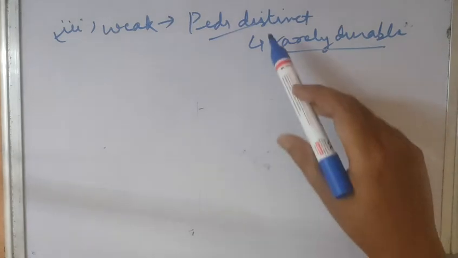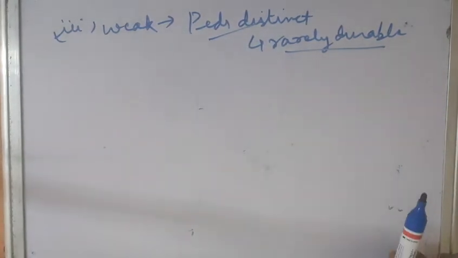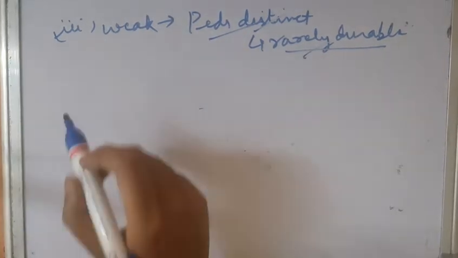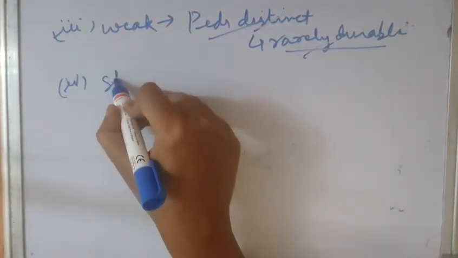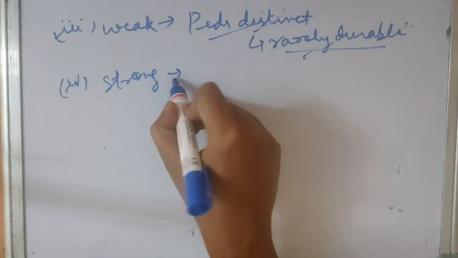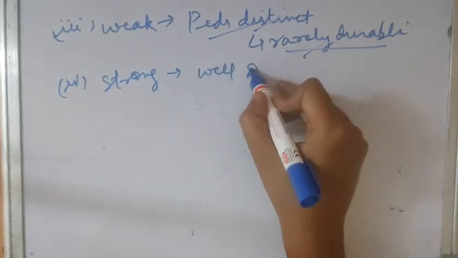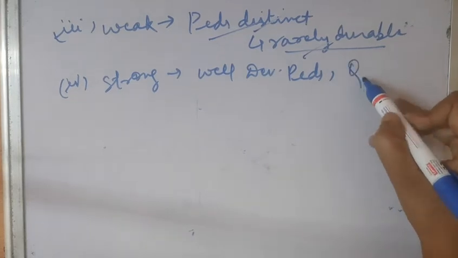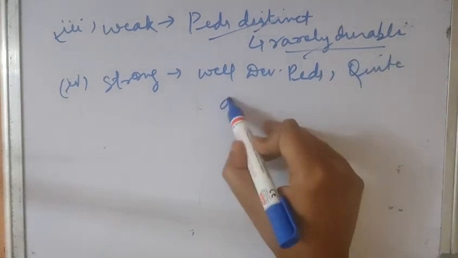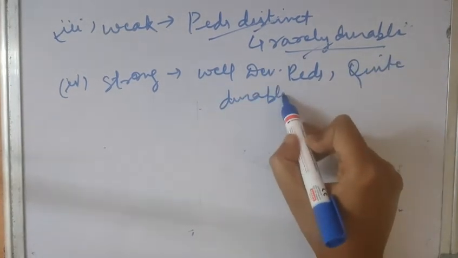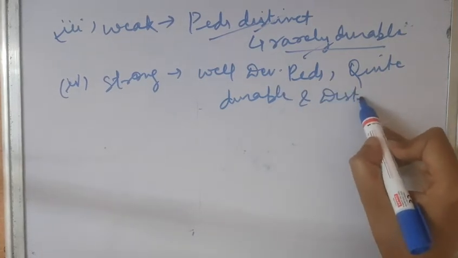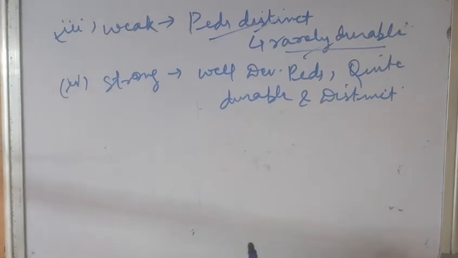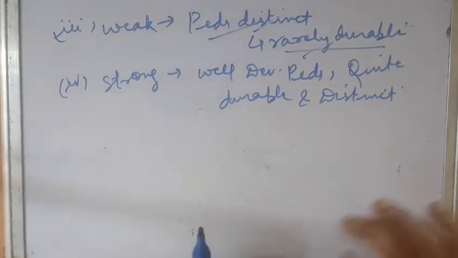In moderate, the beds were distinct and durable both. Then we have strong, well developed beds, quite durable and distinct. So this was about grade.